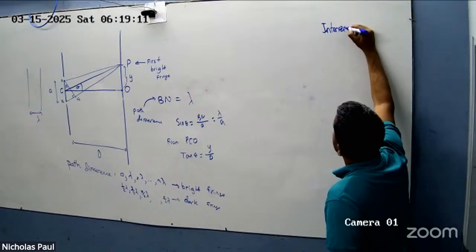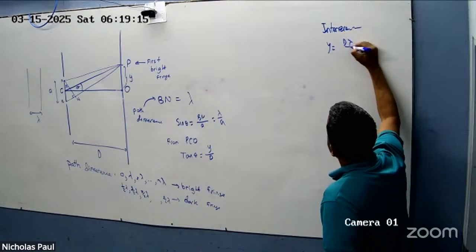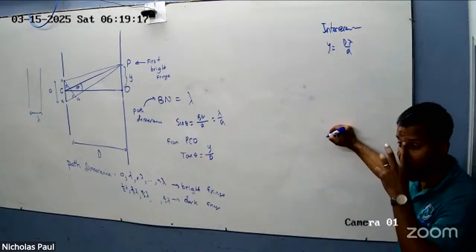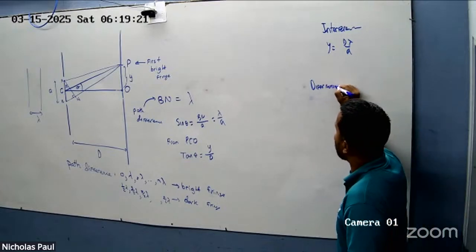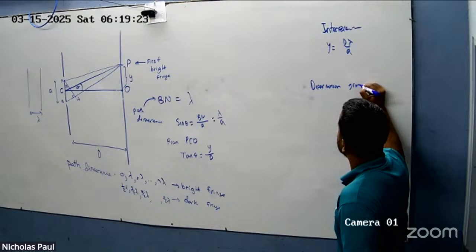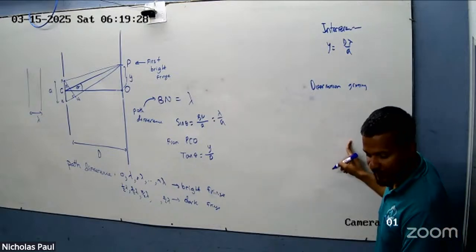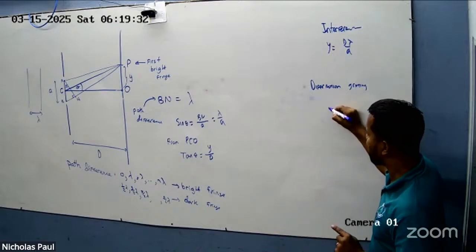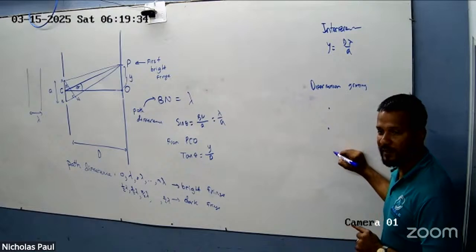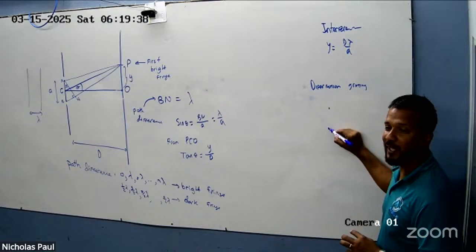During interference, we know y is equal to D lambda over a. But there is something special that happens in something called a diffraction grating. Imagine a ruler 1 centimeter long.